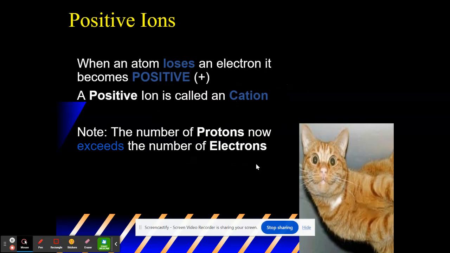If you have a positive ion, it is called a cation. A good way to remember this is, and I'm going to try to draw this with my mouse, cations are positive.